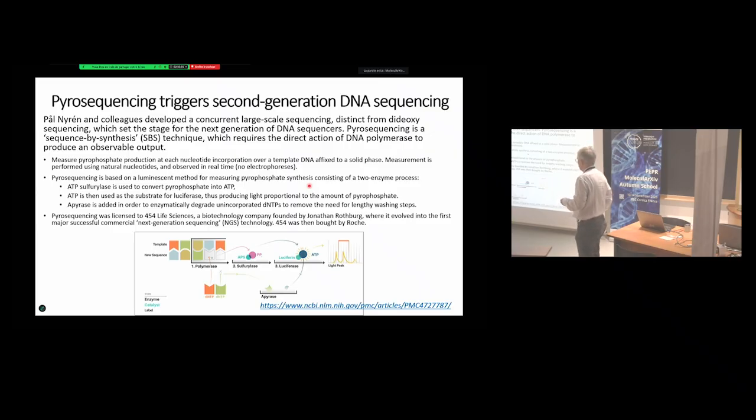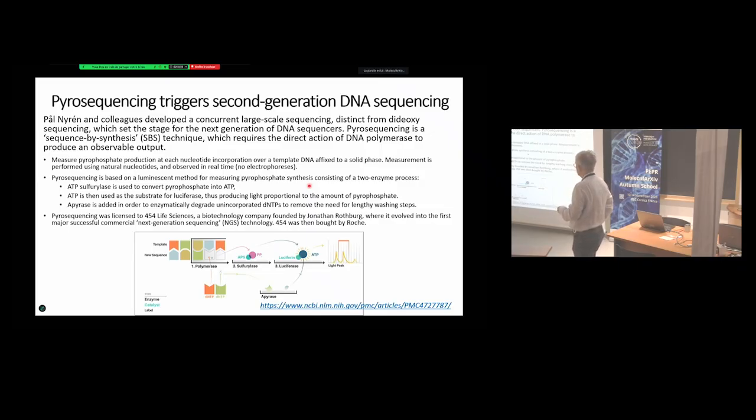And so the general idea is that when you incorporate a nucleotide into a sequence, you will generate a pyrophosphate, and this pyrophosphate, if it is put into the presence of an enzyme called sulfurylase, is able to be converted back into ATP. And a second enzyme, which is called luciferase, is able to emit light in the presence of ATP.